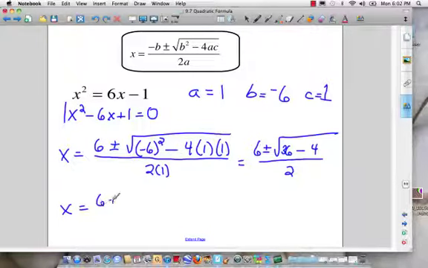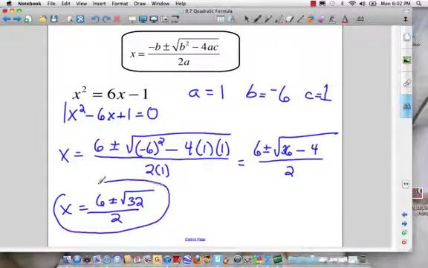So 6 plus or minus the square root of 32. 36 minus 4 is 32, all over 2. And in this case, there is a way of simplifying that, but you haven't learned it yet. If the number under the radical, in this case 32, is not a perfect square, if you plug that into your calculator, you're going to get 5 point something. Then you can just stop with what I've circled.